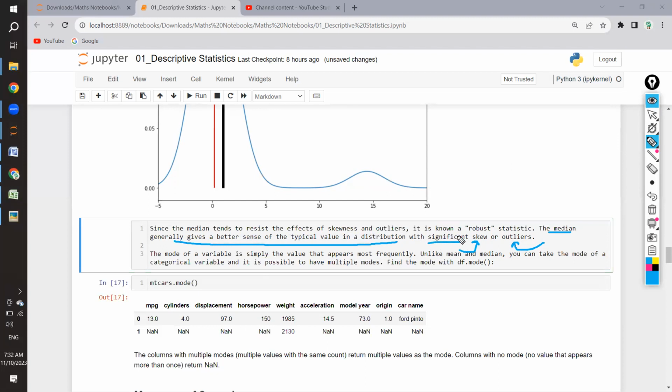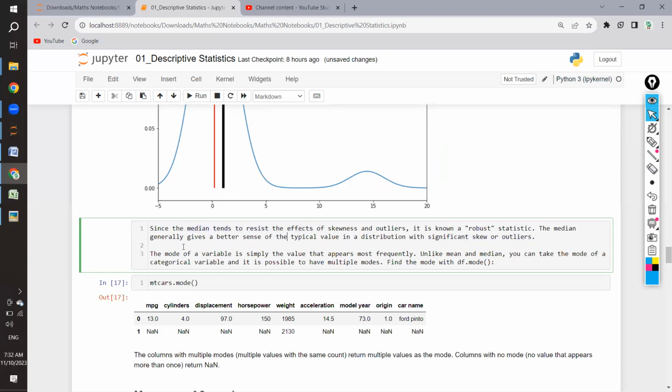But if the skewness is extreme, if you are intentionally creating a very skewed distribution, the median might also have a good shift. If you unnecessarily add a very asymmetric range of outliers that is very high, the mean will anyhow shift, but the median will also lose its patience and shift a bit. But more or less, when we have a considerable amount of skewness and outliers, the median will mostly resist the effect.